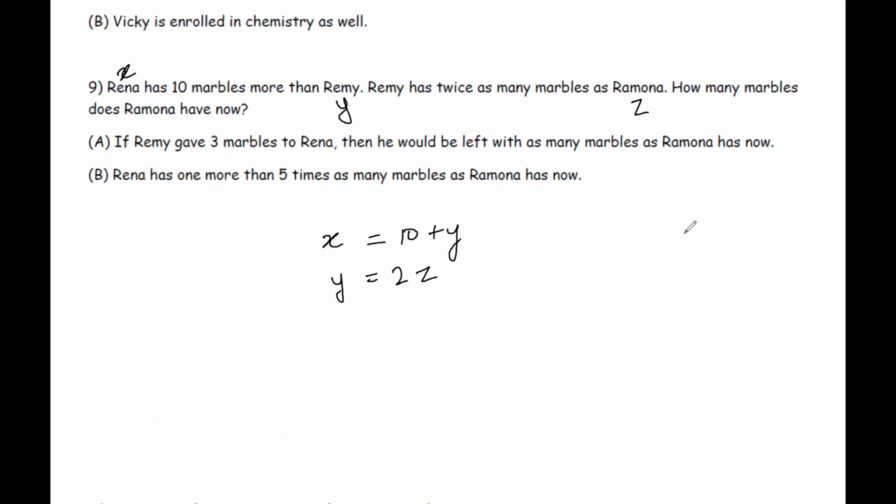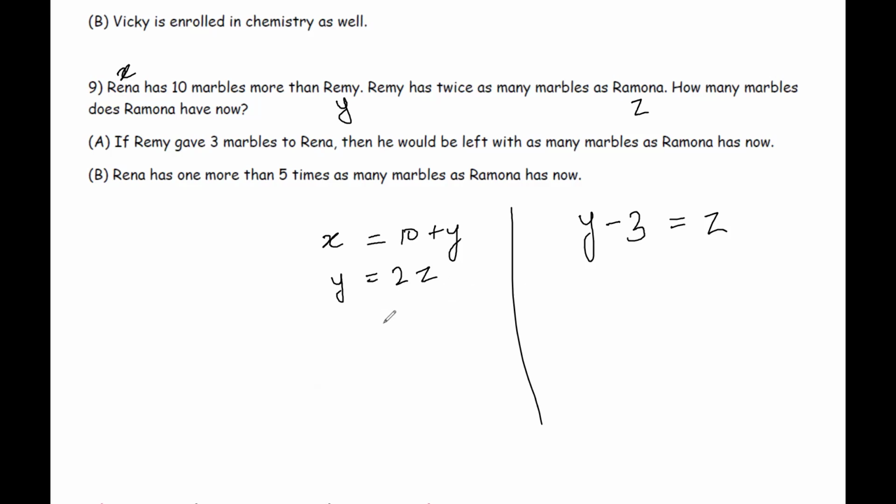Okay, so first statement, if Remy gave 3 marbles to Rena, then he would be left with as many marbles as Ramona. So that'll be the thing. Now if that's the situation, then we can figure out, if Remy gave 3 marbles to Rena, then this is what is left, right?